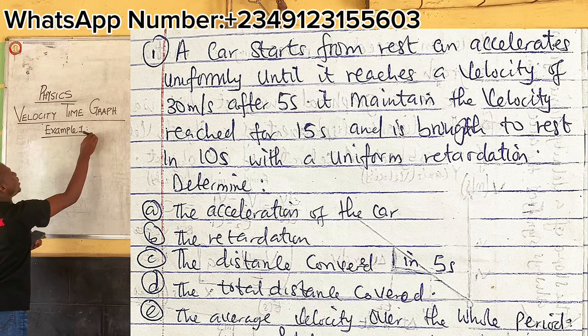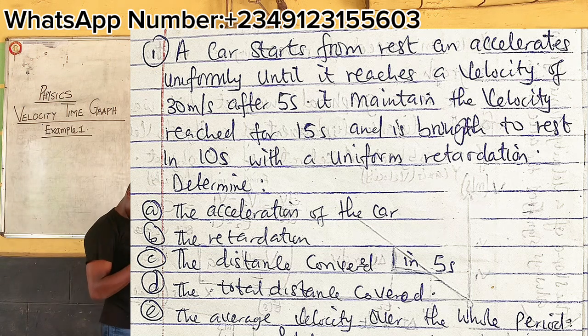A car starts from rest and accelerates uniformly until it reaches a velocity of 30 meter per second after 5 seconds. Full stop. It maintains the velocity reached.